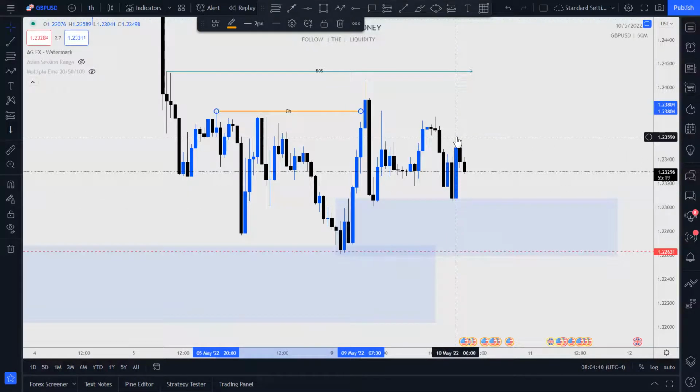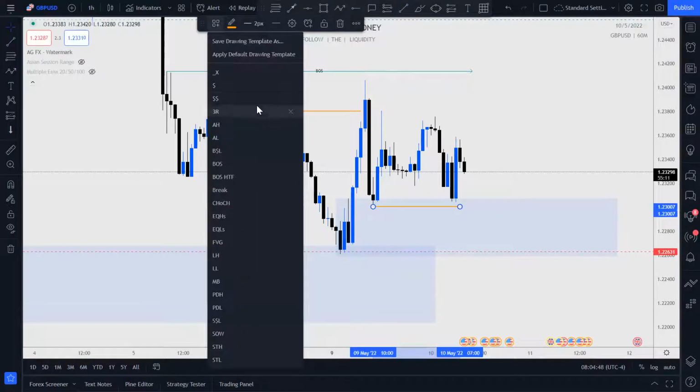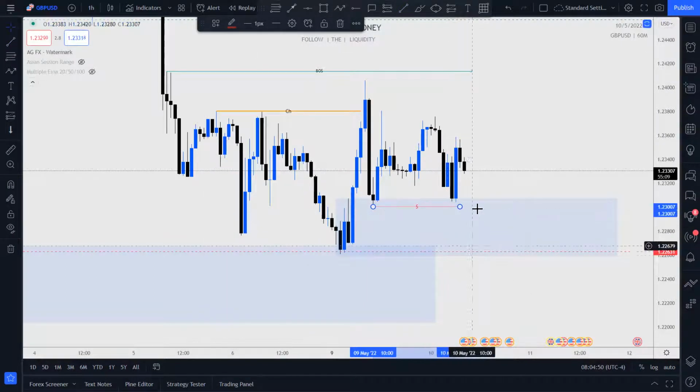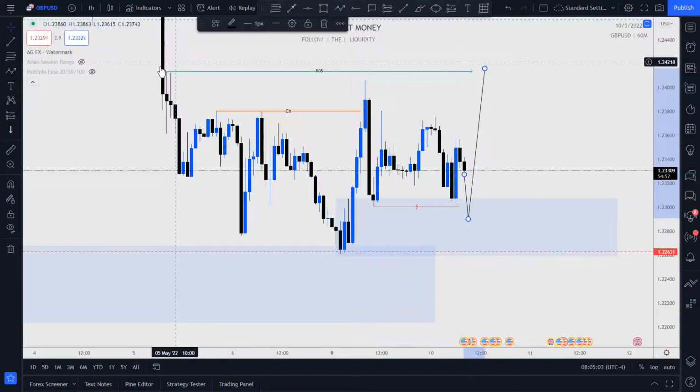So we have that pattern set up, and we have a bullish engulfer here. Price may come down to sweep these relative equal lows here and mitigate this zone of demand once again. If we get that, I'm going to be looking for price to take out the high, take out this break of structure, and we can catch a very nice trade here.